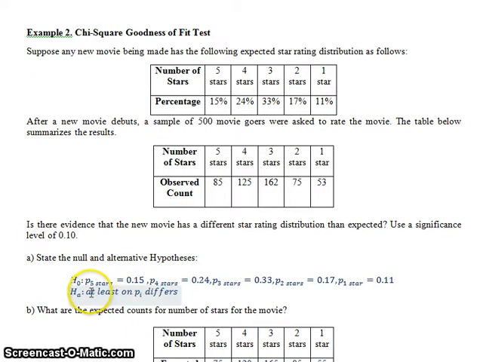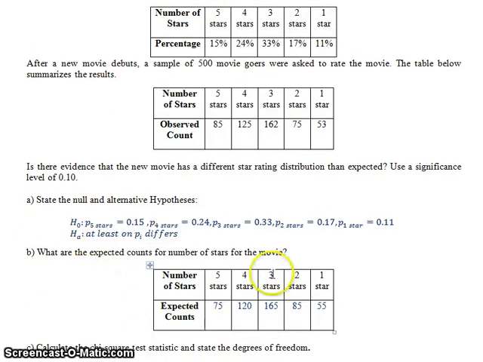So the next step in doing the chi-square goodness of fit test is that we should calculate the expected counts. And how can we find these values? Well, essentially we have a sample of 500. We can either know that our sample is 500 from here, or we can just add up our observed counts to get our sample size. And then we multiply the 500 times the expected percentages.